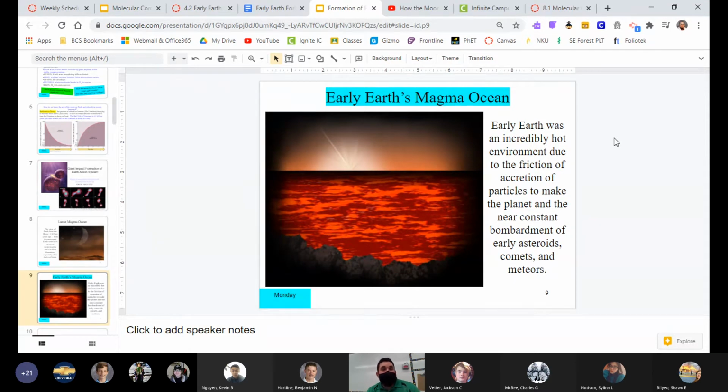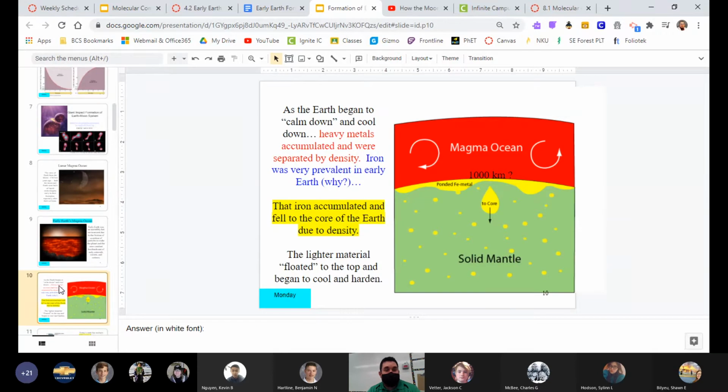So early Earth, early Moon and early planets were constantly being bombarded by material because gravity was bringing all that stuff together. Now we're not bombarded as much because there's just not as much out there anymore. Gravity already brought it all together. There is still stuff out there, and we're still keeping an eye on it. But early Earth was very, very hot, and it did eventually start to cool down.